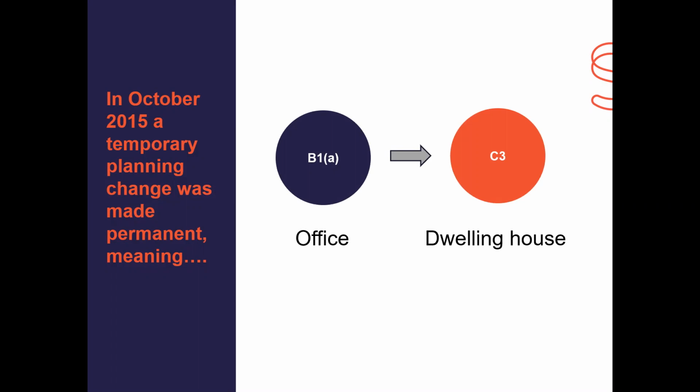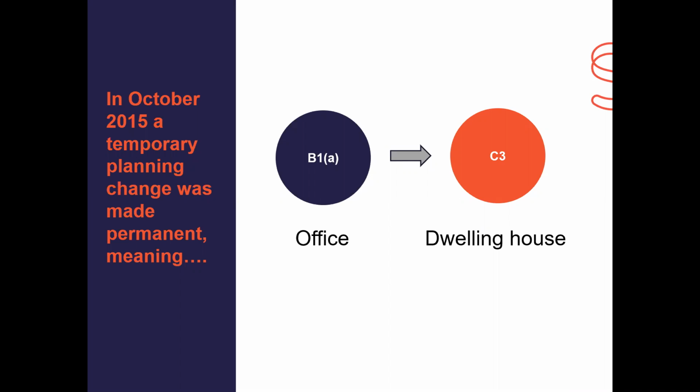You can also convert a B1C, which is a light industrial building, but that isn't used quite as much, because a light industrial building doesn't lend itself to being converted into a dwelling as easily as a B1A office. But that's the geekery we're going down at the moment. So we've got the actual planning use code, a B1A office into a C3 dwelling house. So that was made permanent.